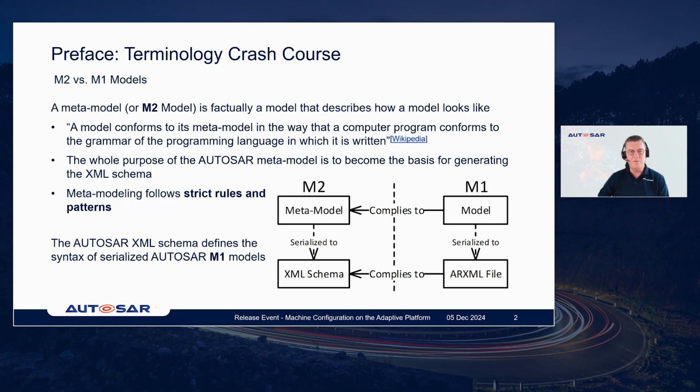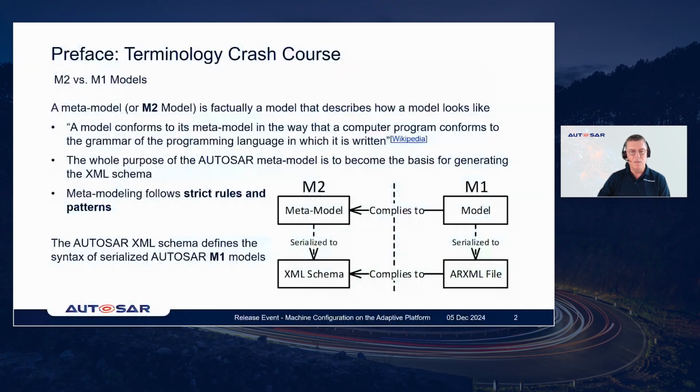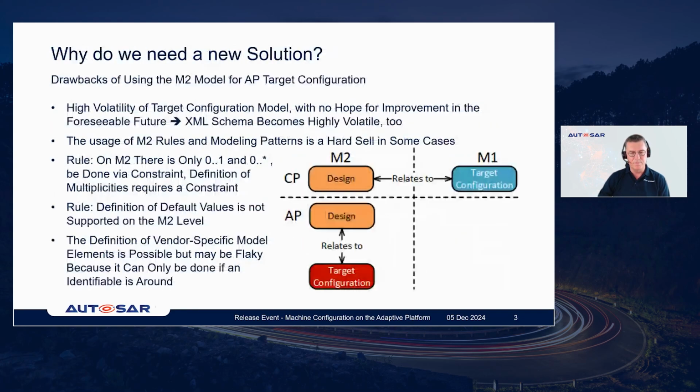So when we develop the AUTOSAR meta model in order to generate the XML schema out of it, we have to follow some rules and we have to follow some patterns in order to make this transition between the meta model and the schema possible. And please remember this aspect because it will be important later down the presentation.